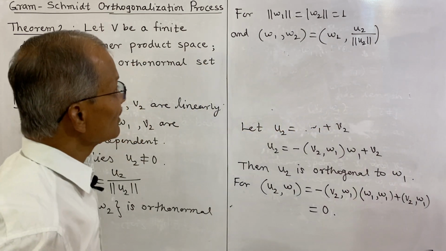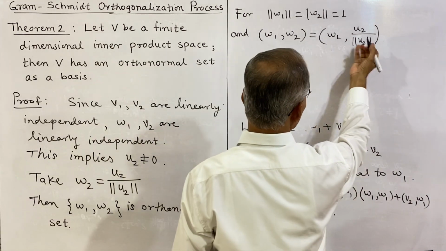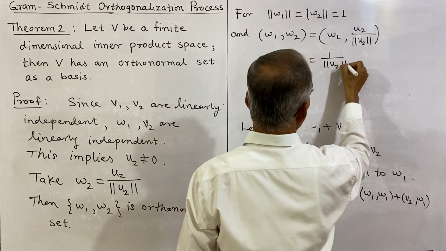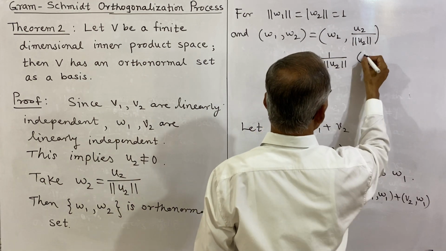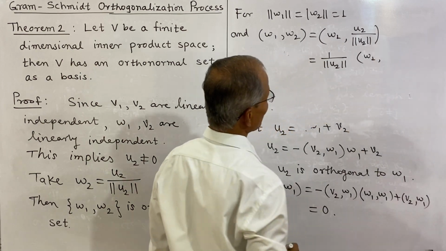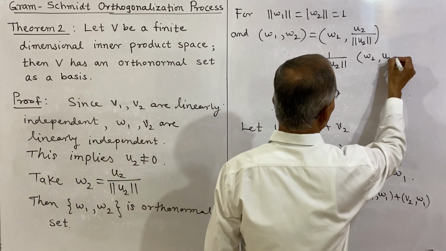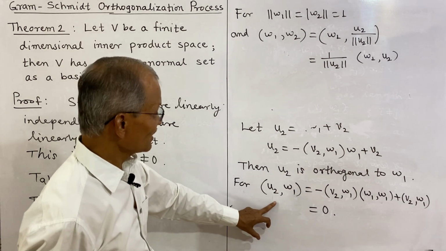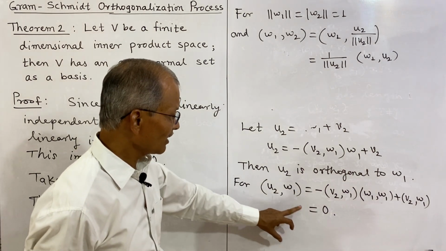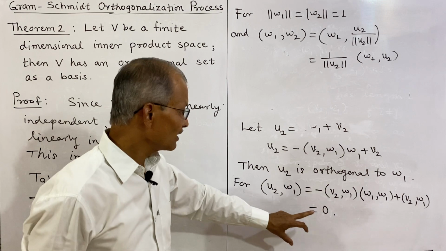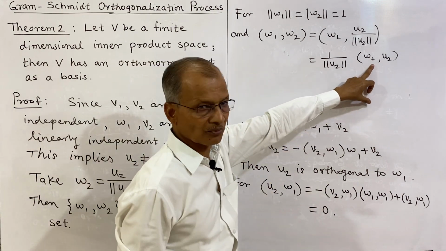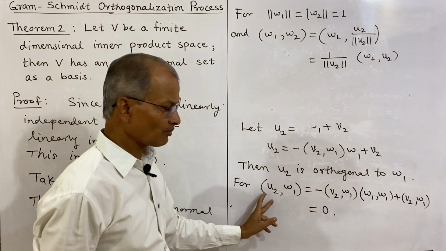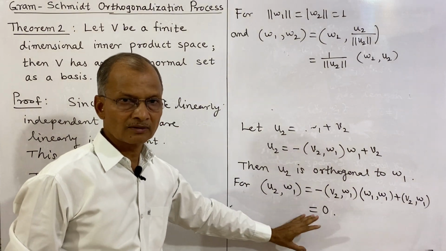This scalar, positive norm U2, can be written outside, and what remains is the inner product of W1 and U2. And we have obtained here that inner product of U2 and W1 is 0, and therefore this is 0, or it can be interchanged by the first property, conjugate of 0 is again 0.